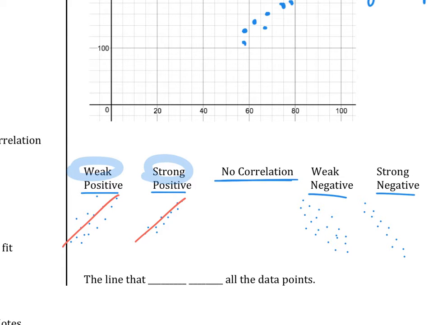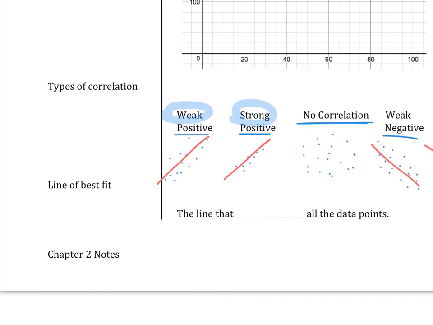Again, if you were to draw a line through it, you would have more points close to the line for the strong negative, and more points far from the line if it's weak negative. No correlation means that there is in general no trend. It looks like a blob of data, with no trend going on between those data points. Then this red line that I was drawing is actually called the line of best fit.